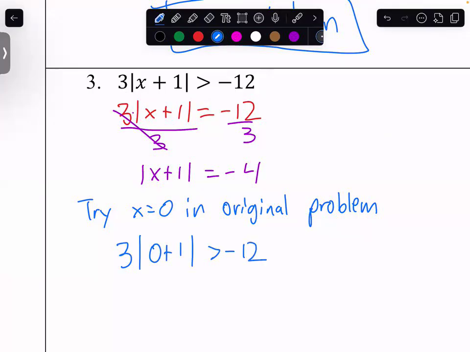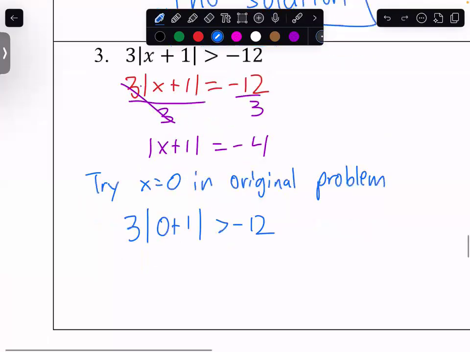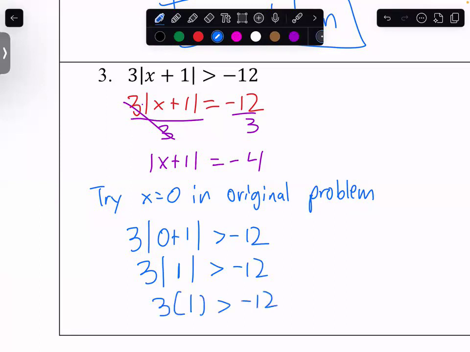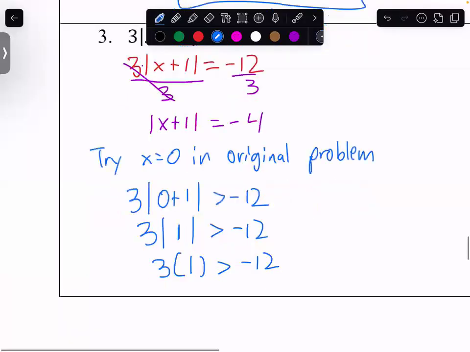So I replaced the x with 0. You do the inside first. 0 plus 1 is 1. Absolute value of 1 is still 1. 3 times 1 is 3.